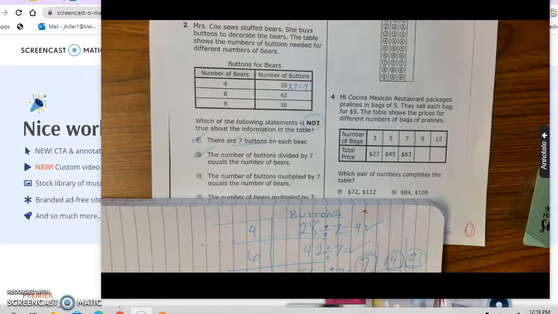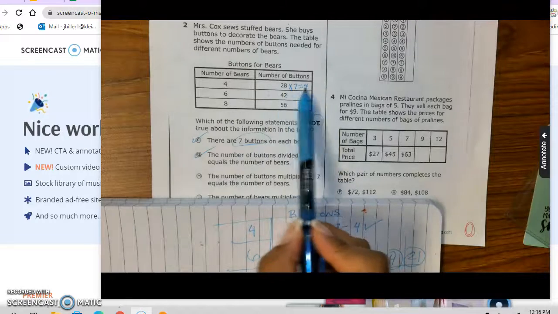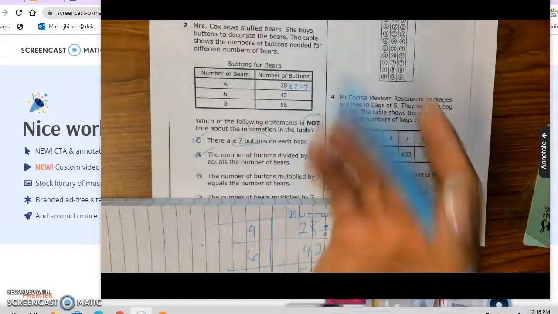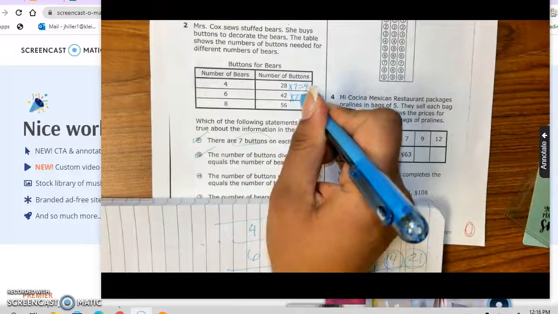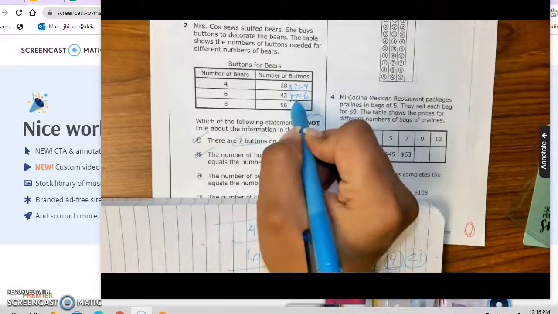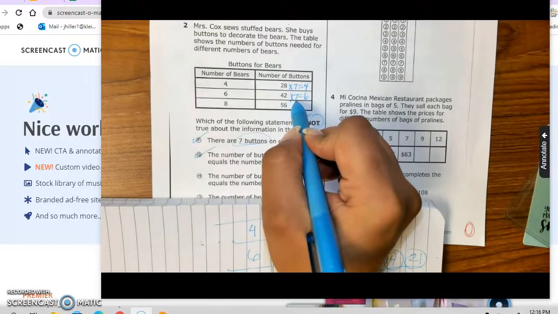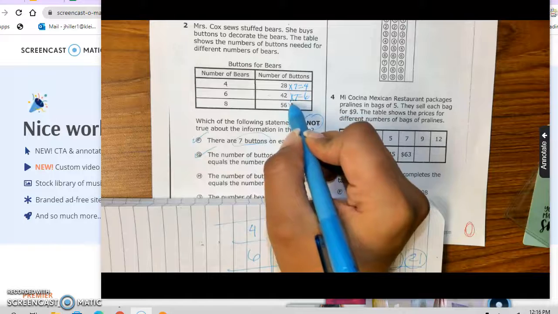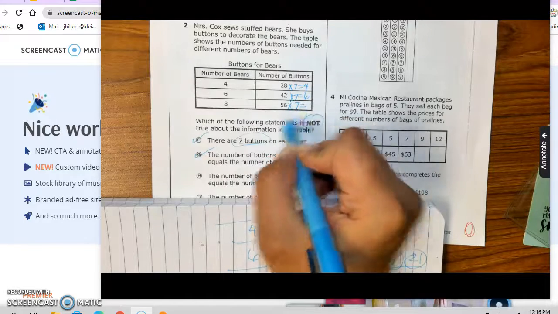If I were to multiply 28 times 7, 28 is already a large number. Would that give me 4? Does that make sense? That doesn't look right. What if I multiplied 42 times 7? Or 56 times 7? Would that give me 8?